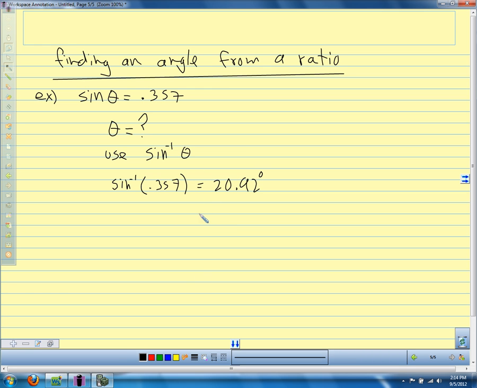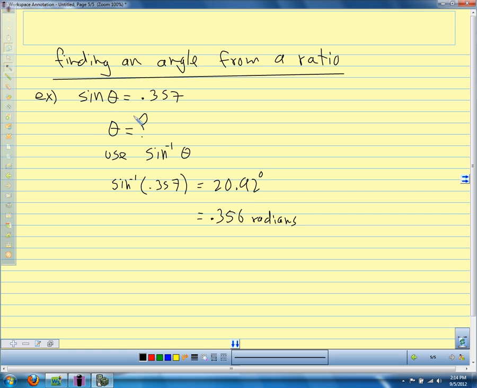If I had it in radian mode and did that calculation, I would get about 0.356 radians. So if my calculator were in radian mode, it would tell me this answer in radians. In degree mode, it tells me the answer in degrees. So when we're doing this more, it's really important that you have your calculator set in the right mode.